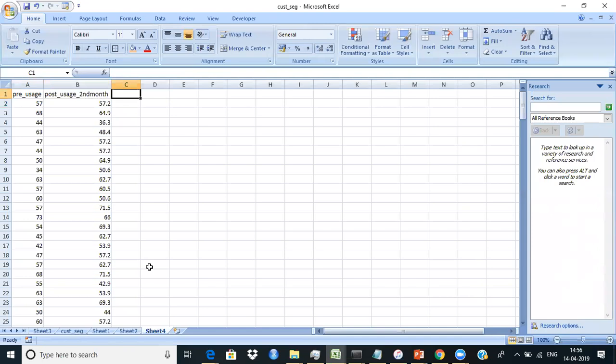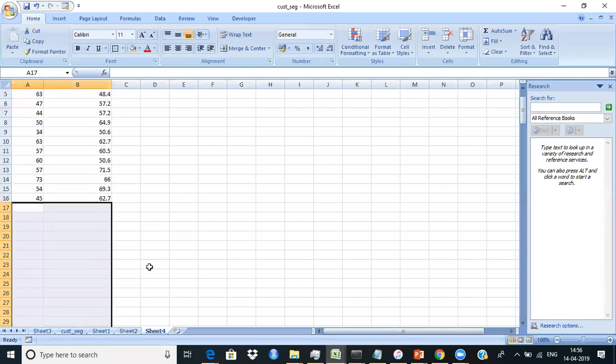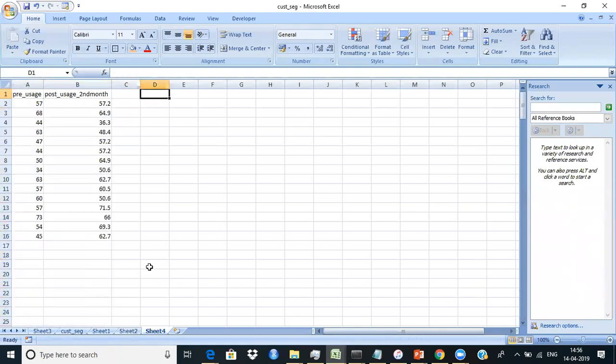So let's actually do this. Let's decrease the number of observations. Right, it's easier to calculate for me. So let's say these many observations, right? Okay. First thing that we do is pre-usage minus mean. Similarly, we will calculate post-usage minus mean. All of you are with me till here?